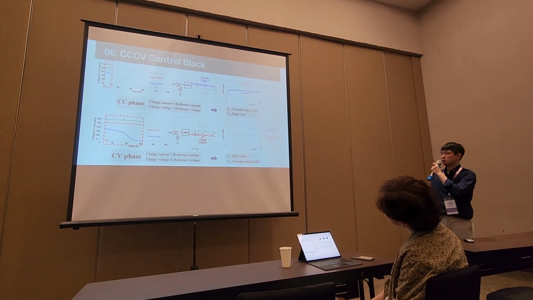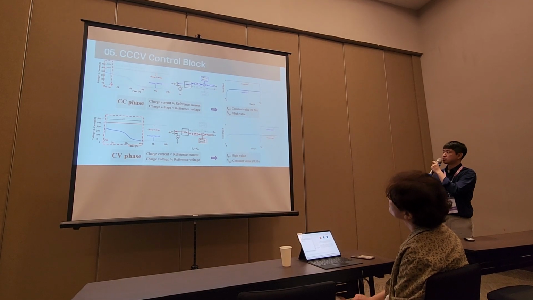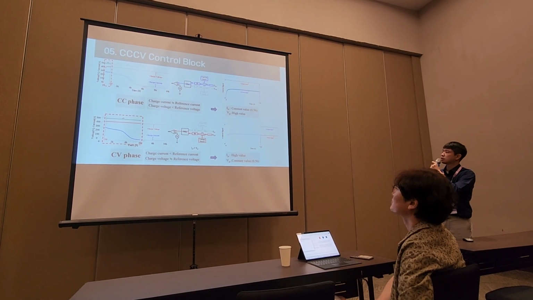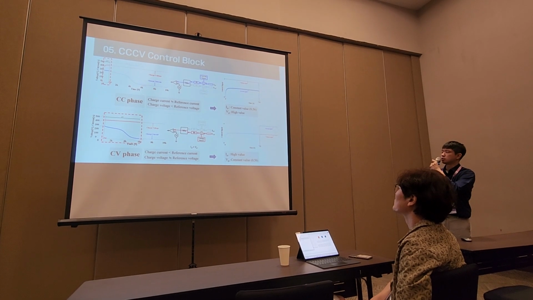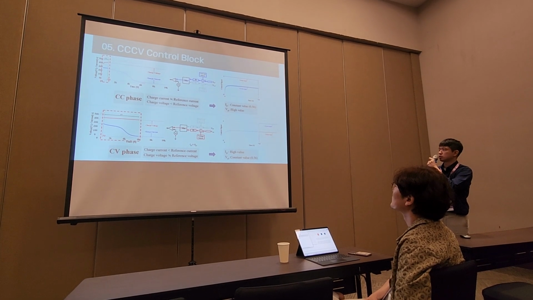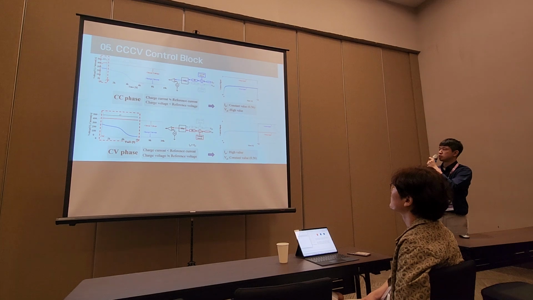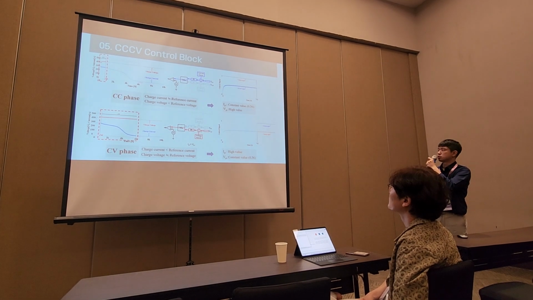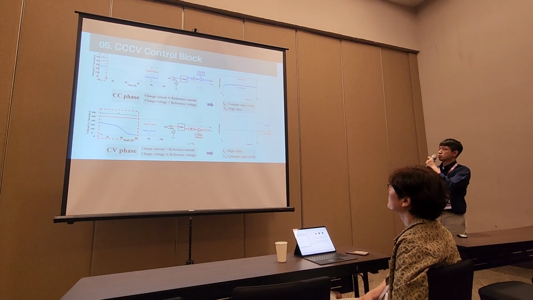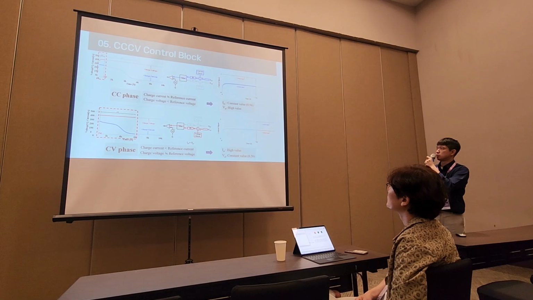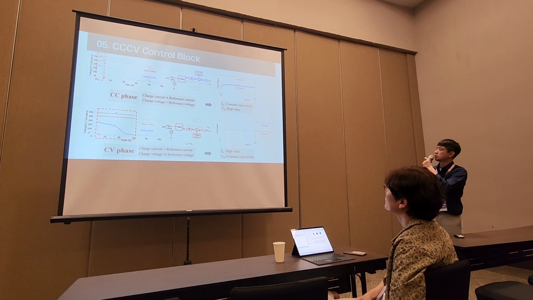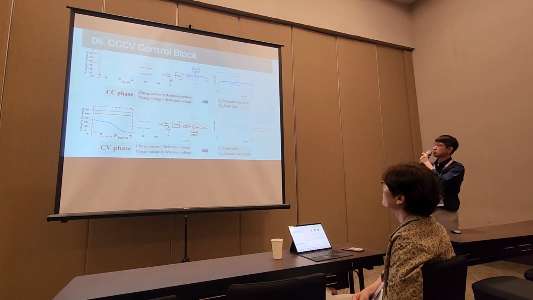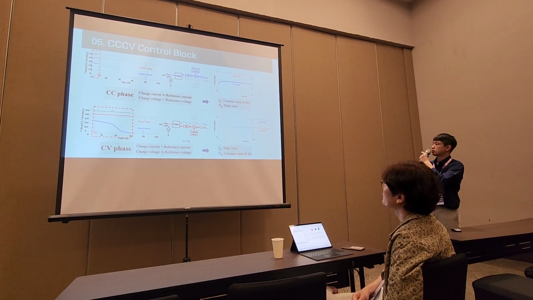In this section, I'll explain how this CC-CV works. At first, in the CC phase, the charge current is almost the same as the reference current, and the charge voltage is lower than the reference voltage. Both control signals are fed into the minimum block, and the minimum block selects the lower one, which is the signal of current.